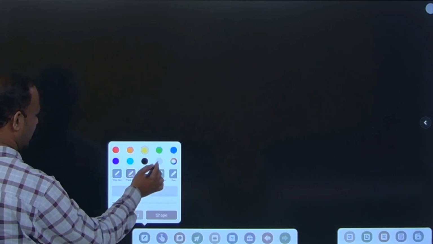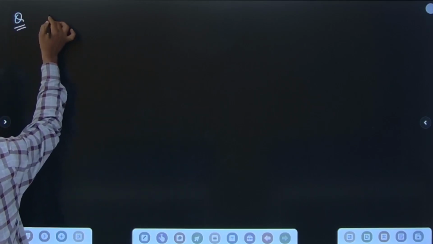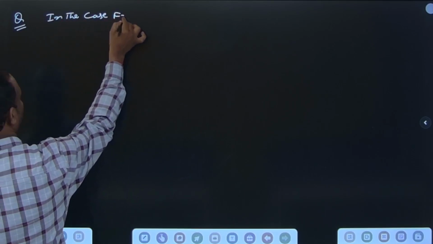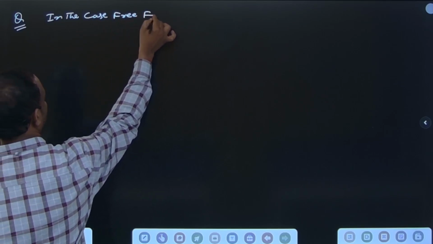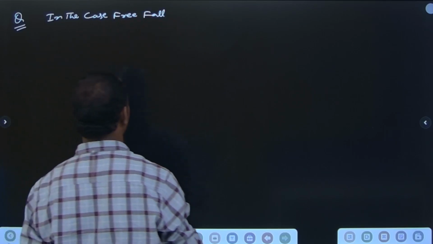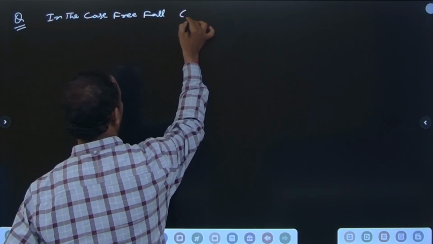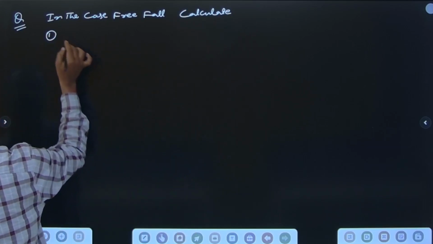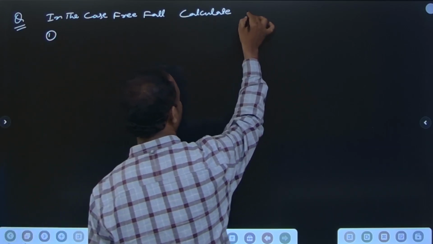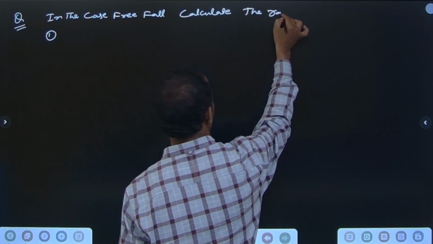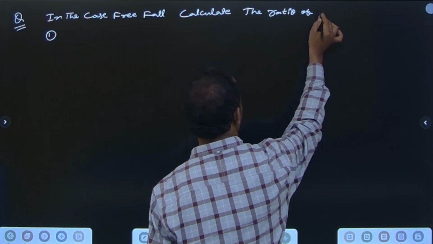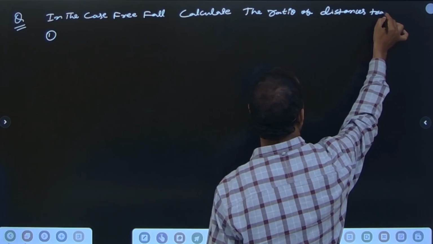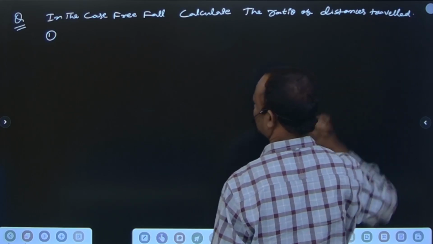Carefully: in the case of free fall, or a freely falling body, calculate the ratio of distances traveled.